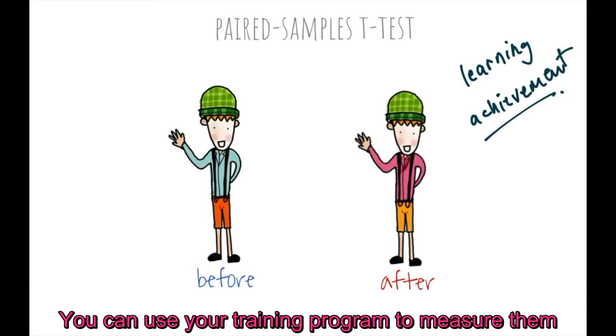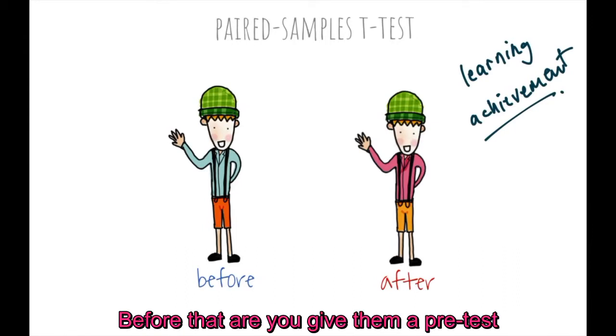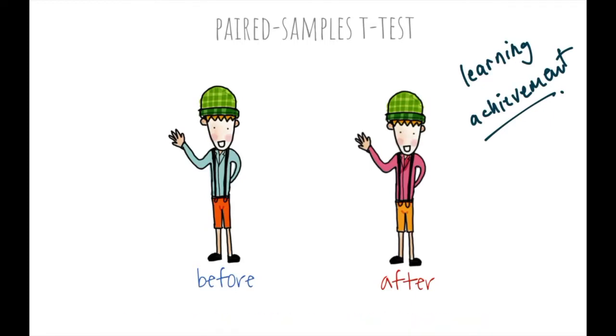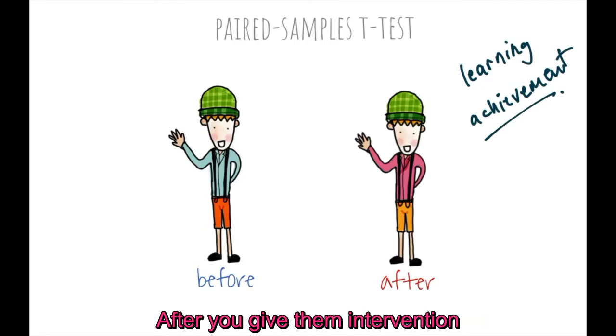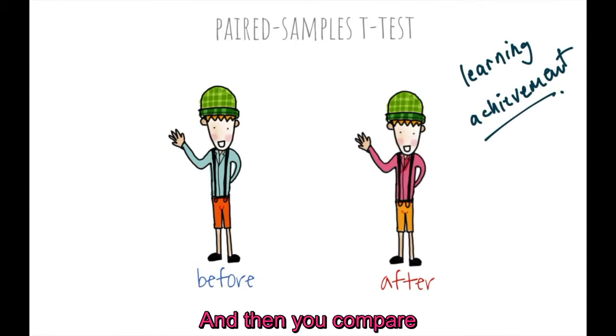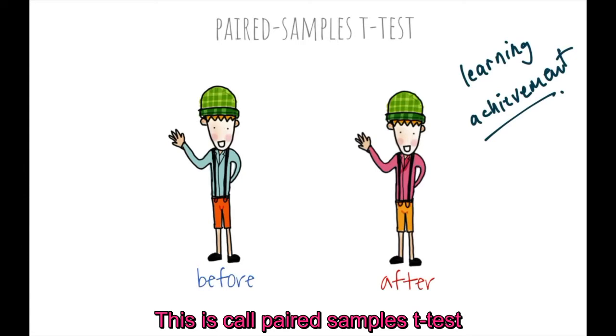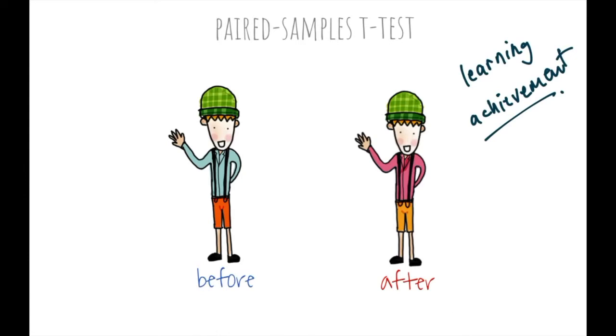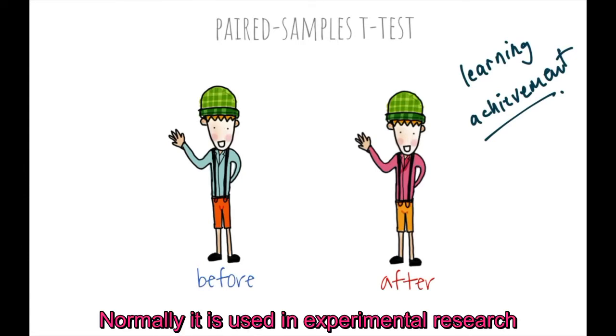You can use your training program to measure them. Before that, you give them the pre-test, and after you give them the intervention, you give them the post-test. Then you compare the before score and after score to see whether they are significantly different or not. This is called the paired samples t-test. Normally it is used in experimental research.